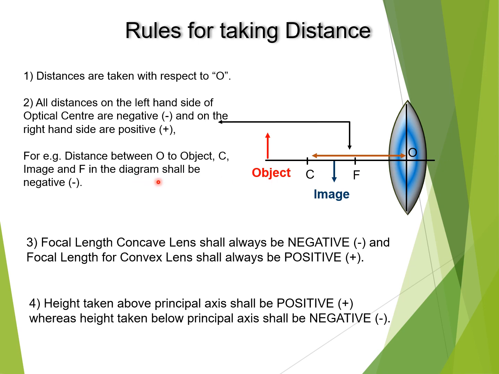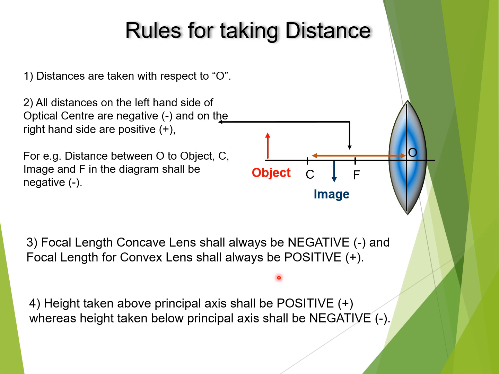For exemplification, distance between O and center of curvature, or the optical center and focus, optical center and object, optical center and image. In this figure, all these distances would be negative. The third rule is that focal length for concave lens shall always be negative, and the focal length for convex lens shall always be positive.